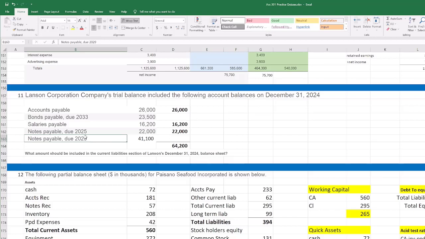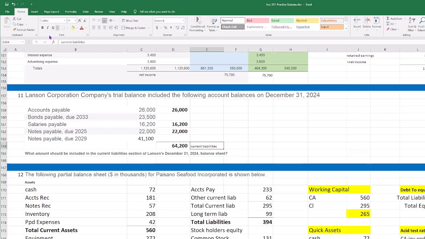And the notes payable that are due in 2025, that's less than a year, so we are putting that in current liabilities, and we are not going to put the 2027 one because that's due in 5 years. So we're going to add all that up, and our current liabilities are 64,200.